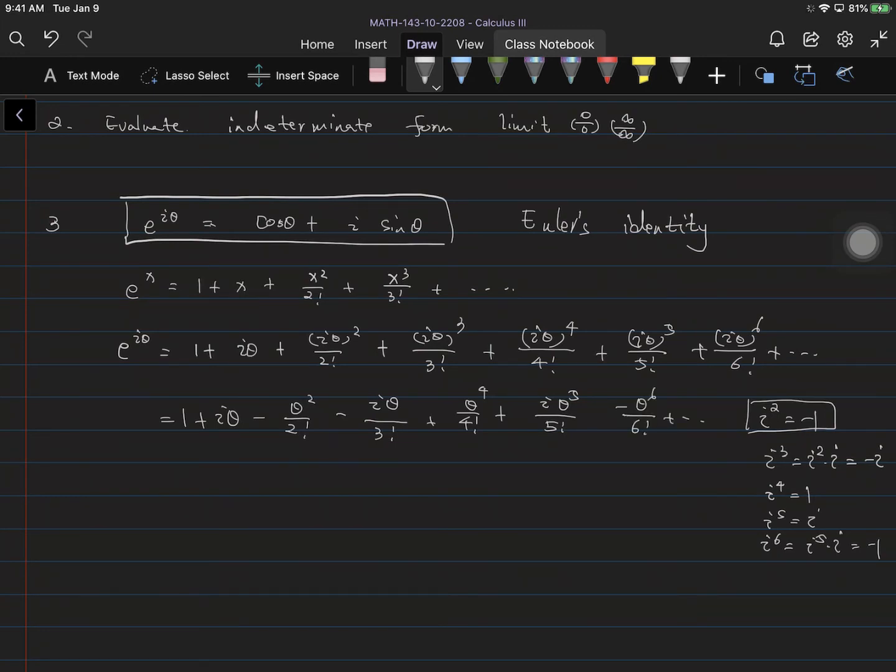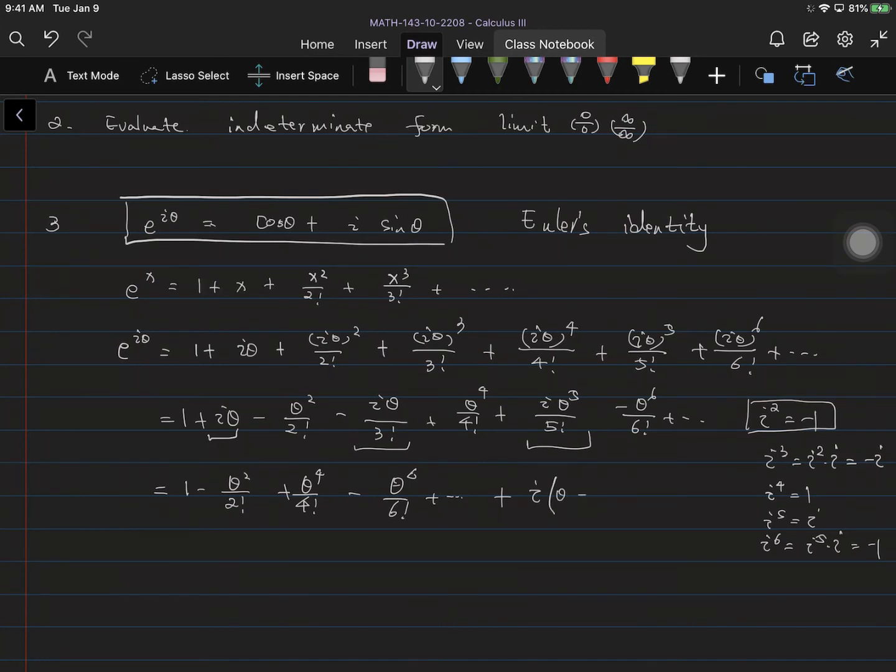Now we combine all the terms with i together, okay? Rewrite, and combine the real numbers together. So it's 1 minus theta squared over 2 factorial, plus theta to the 4th over 4 factorial. And then add all the terms with i together and factor the i out.